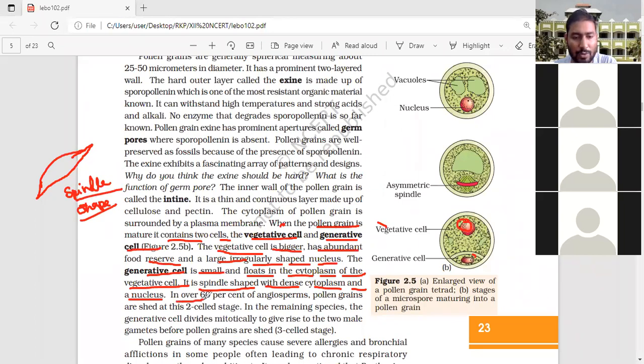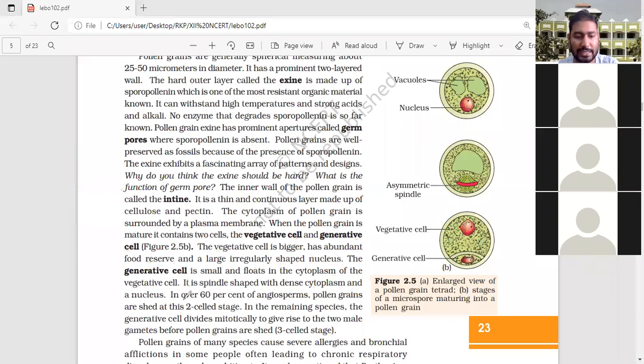Very important, this is a PYQ, previous year question. In over 60% of angiosperms, pollen grains are shed at the two-celled stage.